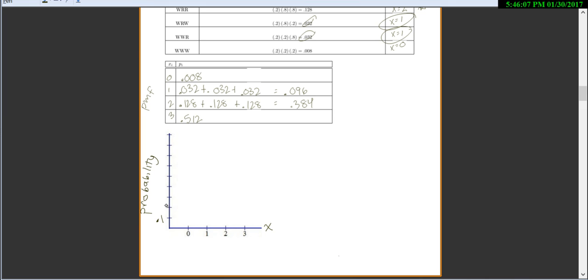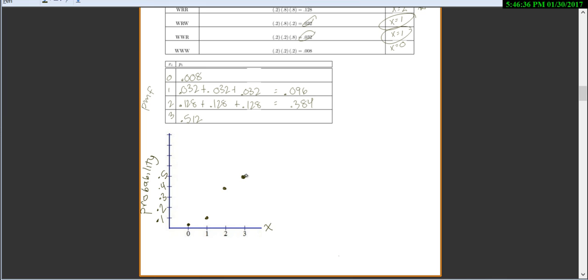I'm going to do 0.1, 0.2, 0.3. And then we graph each probability. So for 0, my probability is 0.008. That's actually really, really small. And at 1, my probability is 0.096. At 2, my probability is 0.384. And at 3, my probability is 0.512.